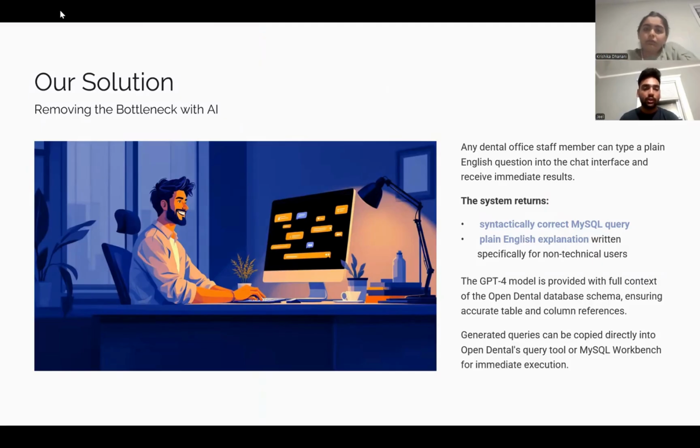Our solution to this problem is removing the bottleneck with AI. Any dental office staff member can type a plain English question into the chat interface and immediately receive a SQL query.